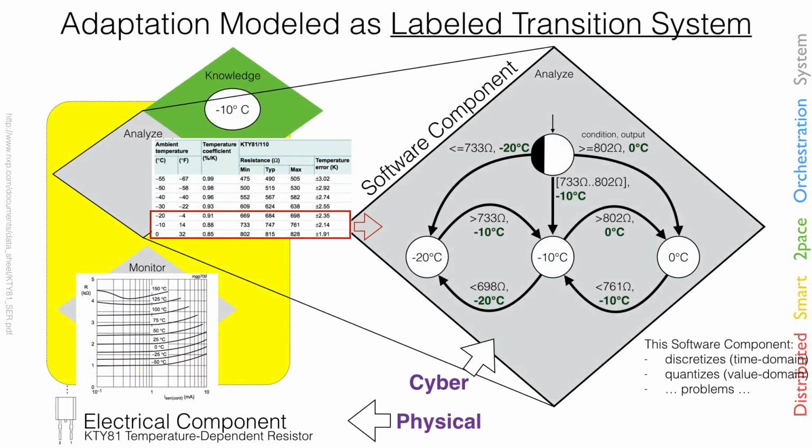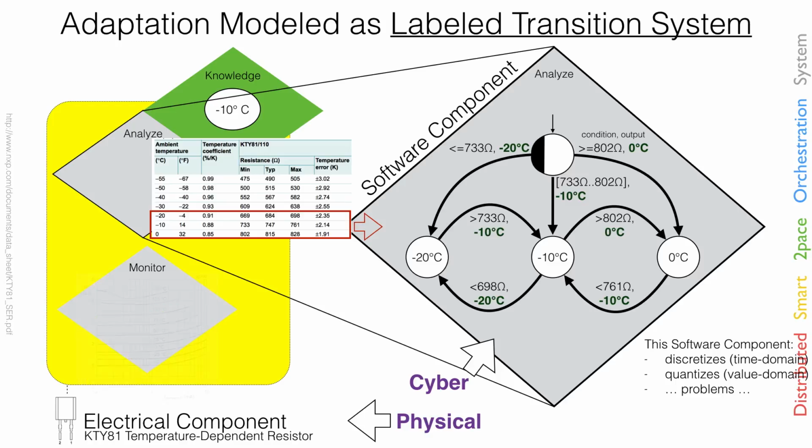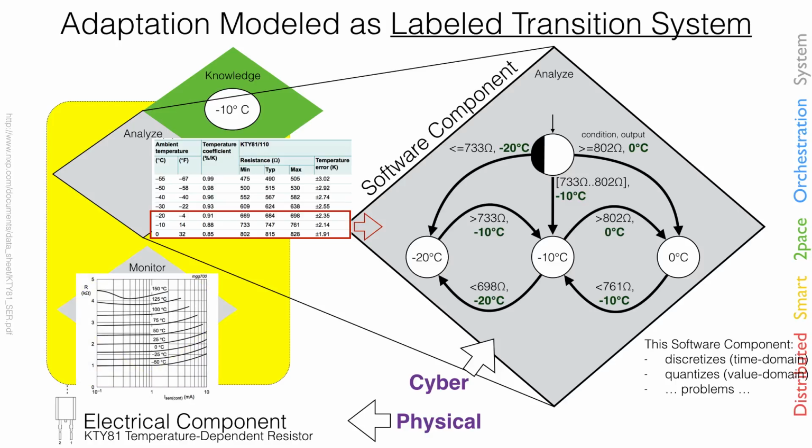On this slide you see the sensor on the bottom left, and on top of it in the monitor component we see the resistance of the entity depending on the measured temperature, and in the analyze part we see the lookup table. So which resistance range matches to which temperature, and we are mainly interested in the part that was blinking right now, the -20 to 0 degrees.